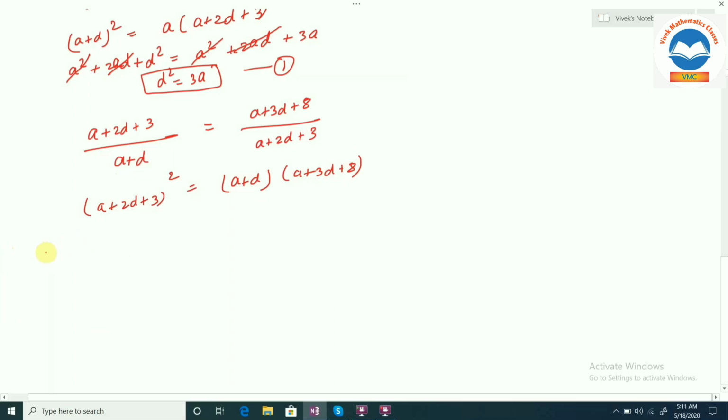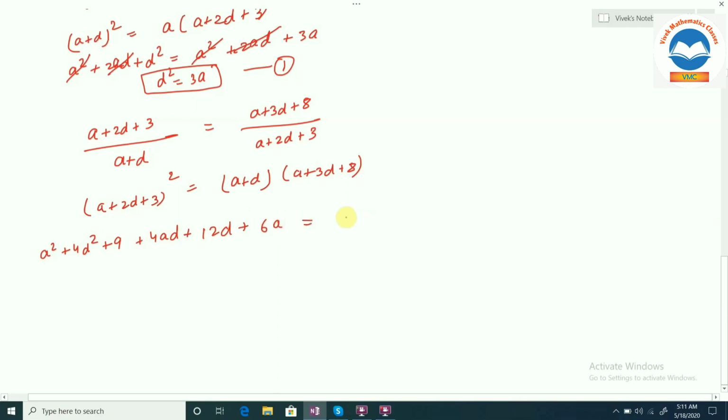What we will get? We will get A square plus 4D square plus 9, plus 4AD, using the A plus B plus C whole square formula: A square plus B square plus C square plus 2AB plus 2BC plus 2CA. Okay, we will get 4AD plus 6 into 2, 12D, plus 3 into 2, 6A.